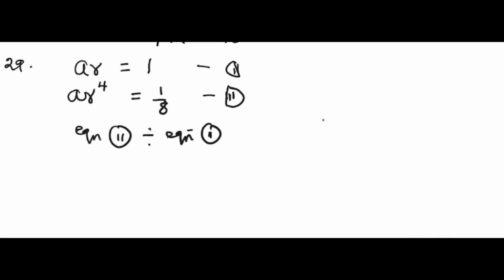Unlike AP, which is addition and subtraction. So GP is multiplication and division. That's why we divide when it has to do with GP. So we have AR raised to power 4 divided by AR, equal to 1/8 divided by 1.